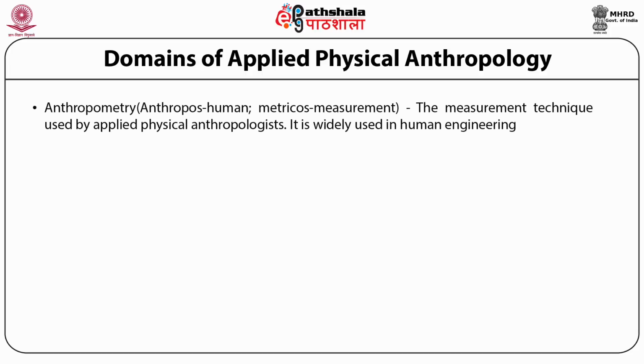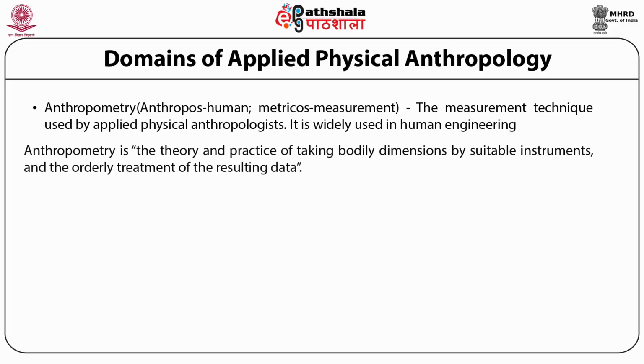The measurement technique used by applied physical anthropologists is termed anthropometry. Hansen and Cornock, 1958, have described anthropometry as the theory and practice of taking bodily dimensions by suitable instruments and the orderly treatment of the resulting data.